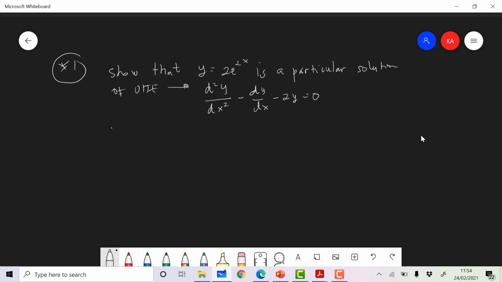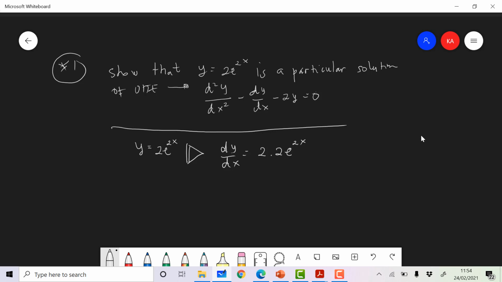Okay, so how to solve these equations? From this solution, y is equal to 2e^(2x). So dy per dx is equal to 2 multiplied by 2e^(2x), right?